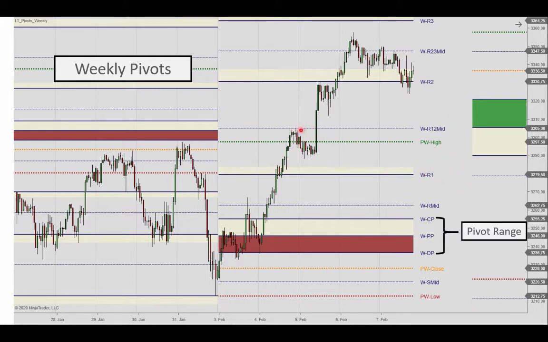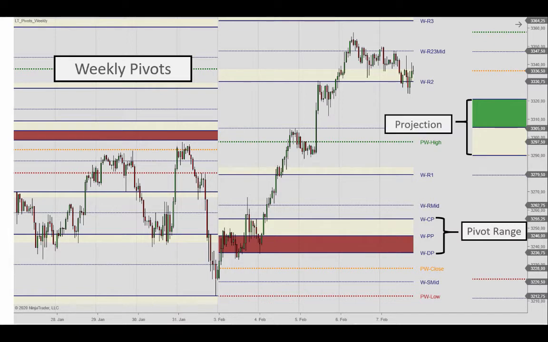And as you see here, there is some reaction to the mid-pivot level here, or maybe it's the prior week high that is reacting to here, but we also see some reaction here and here, as well as here. So for higher time frame pivot charts, weekly or monthly, you might want to add those mid pivot levels.